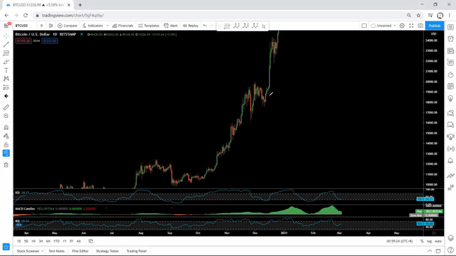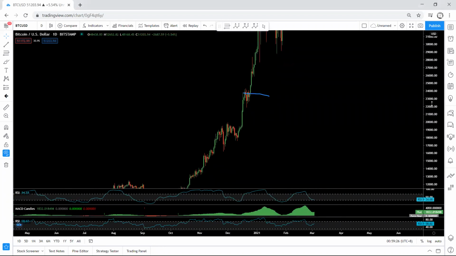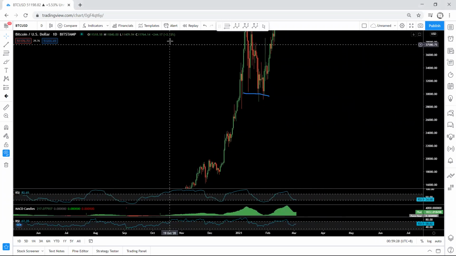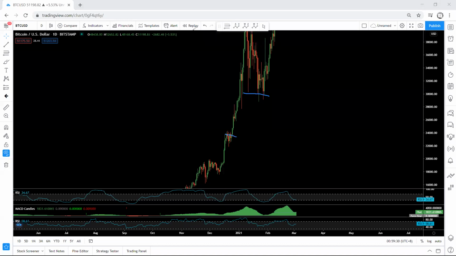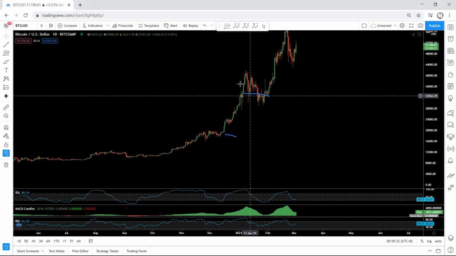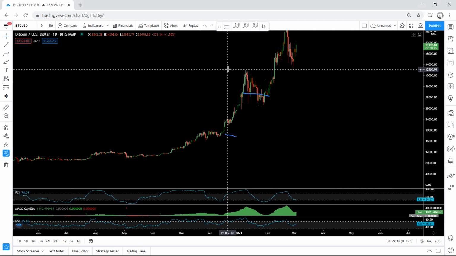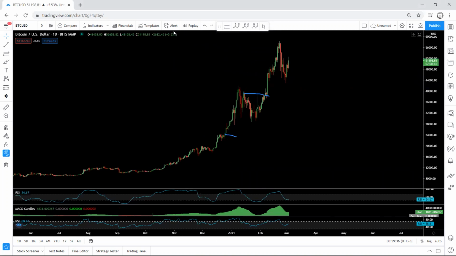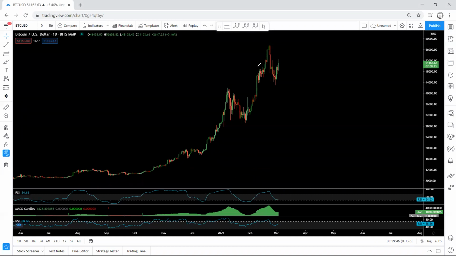We just refer to the daily and we have this correction. But when the price reached almost 42, we had the biggest correction. After the correction, the price moved to 58, then we had another correction.